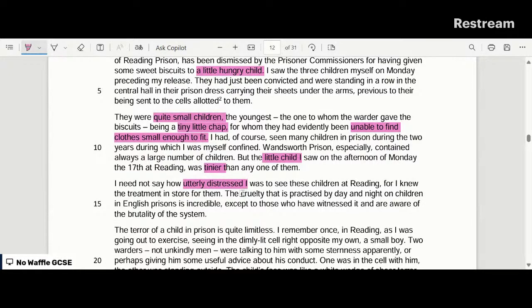Look at the severity of the words he's using. The cruelty that is practiced. The fact that it's day and night, suggesting it's normal, it's by nature, and it's embedded into every aspect of their life. It's inescapable. The brutality of the system, it will be incredibly shocking.